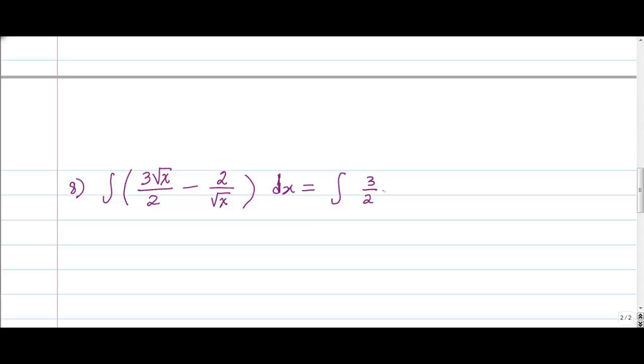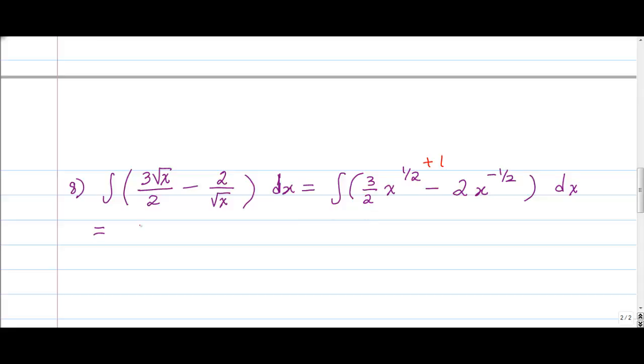So it's 3/2 x to the 1/2 minus 2 x to the negative 1/2 dx. Now what is the integral of that? So same thing I did before. I'm going to add 1 to the exponent. So 1/2 plus 1 gives me 3/2, divided by a 3/2.